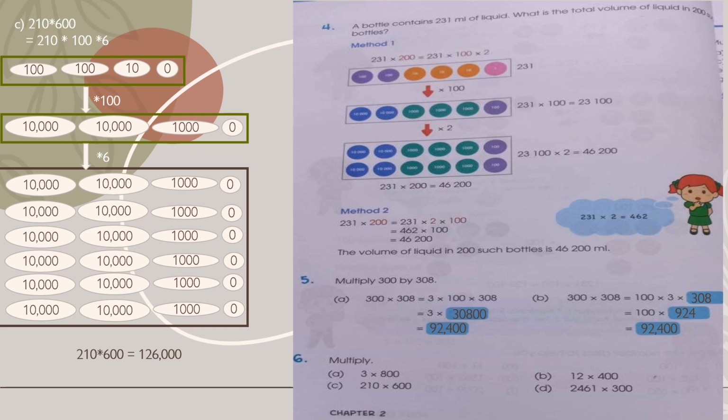Now these discs are going to be multiplied by 6. So as a result we have 1,26,000 because we have 1, 2, 3, 4, 5, 6, 7, 8, 9, 10, 11, 12 discs of 10,000, which means 12 10,000, 6,000.